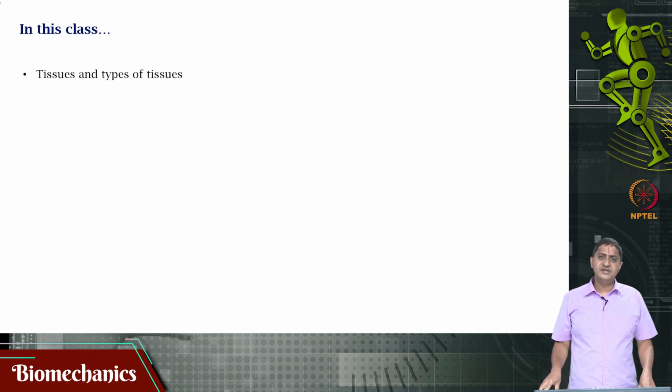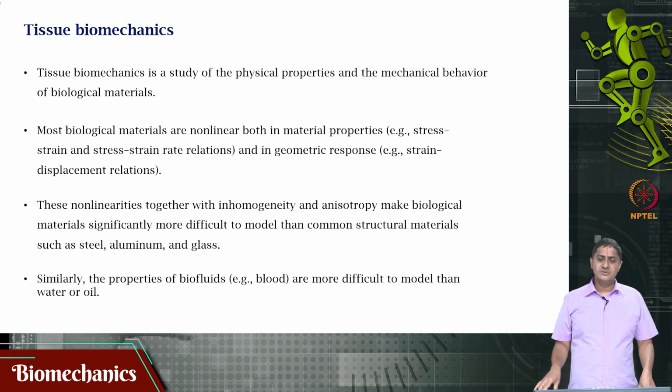So, in this video, we will be focusing on the tissues and types of tissues. So, biomechanics of tissues or tissue biomechanics. What is this? This is the study of physical properties and mechanical behavior of these biological materials.